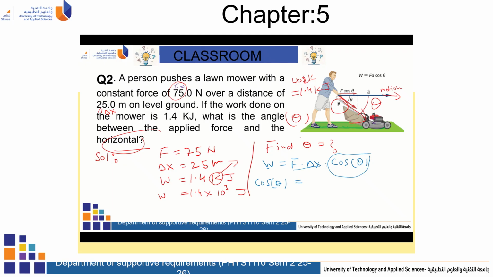When I change the side, it goes into the division. So this will be the work divided by the force and then the displacement. This rule we have to use for our problem here.